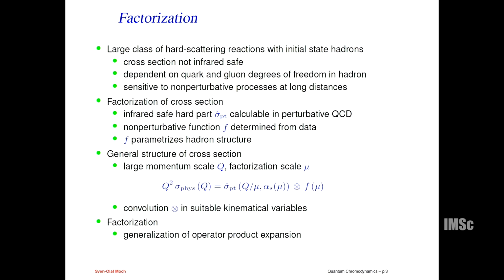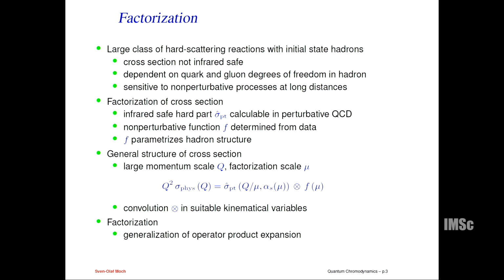So that's the idea, and this is what I would like to walk you through in a couple of examples today. The basic relation that we want to discuss is that we have a physical cross-section. It depends on some large momentum scale. If you think of LHC processes, it's basically the center of mass energy, or if you have a dijet event, it's the pT of the jets.